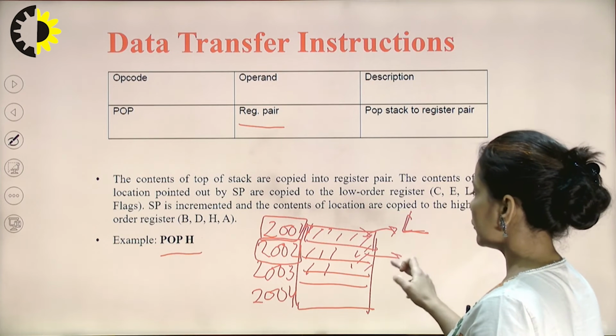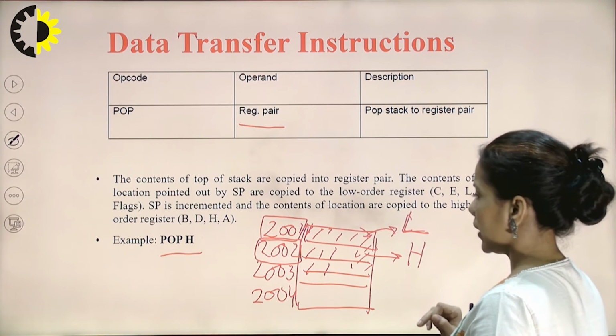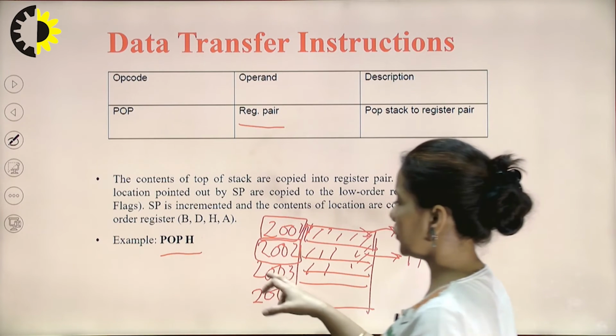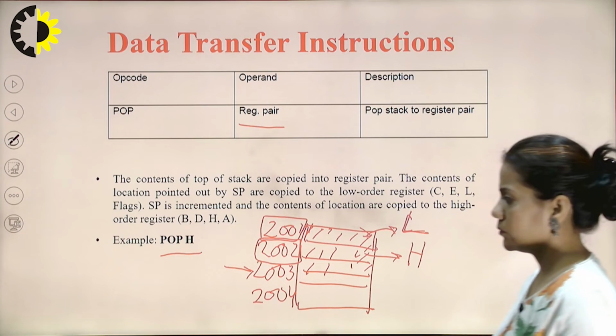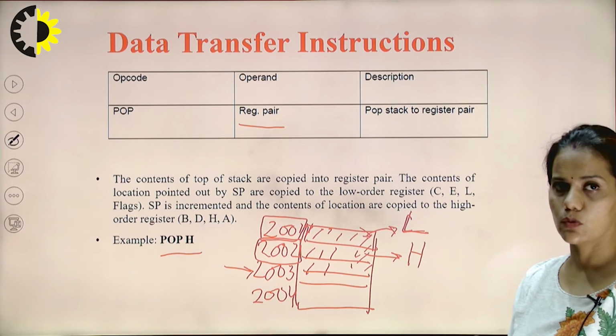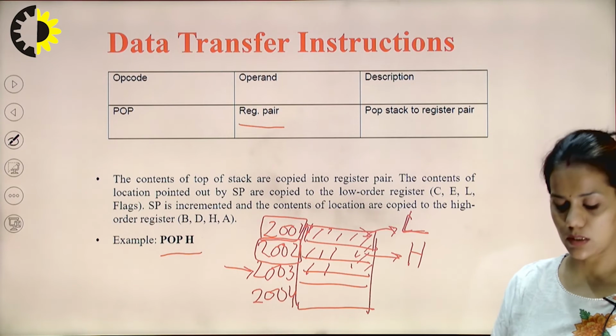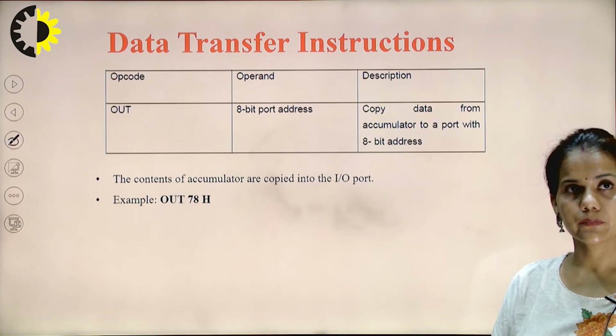The contents of this will be copied to H, popped into H, and again the stack pointer will be incremented and go to 2003. In this way, the sequence is used here.